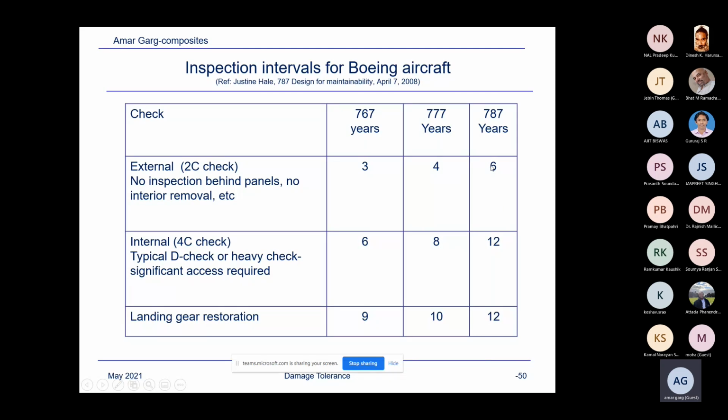External only. But the 4C check, which is a bit more detailed, a typical D check or heavy check, requires significant access. So this is internal, removing panels and looking internally. That's 12 years. So suppose you have a detail which is hidden. You can't open it and look into it before 12 years anyway.